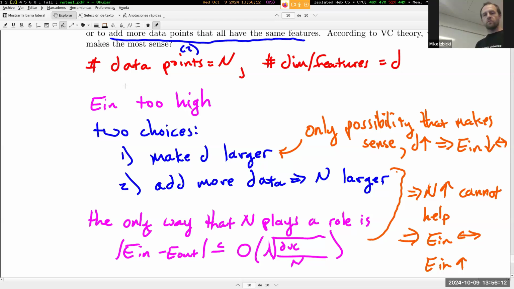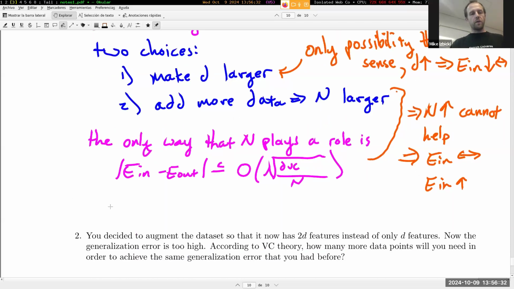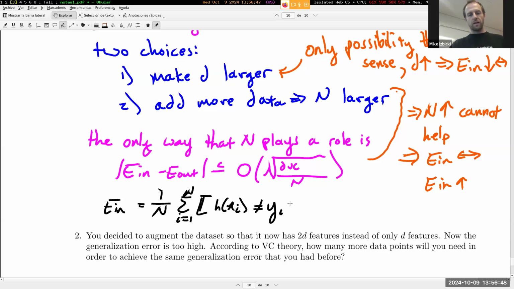Can you explain why increasing N might not decrease the in-sample error? Like if you look at the relationship, as you increase N, that fraction should get smaller. So the in-sample error is defined as 1 over N, the sum from i equals 1 to N, of the indicator that h of x sub i is not equal to y sub i.